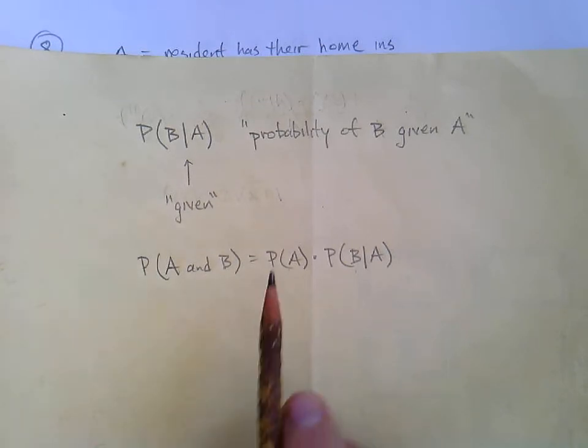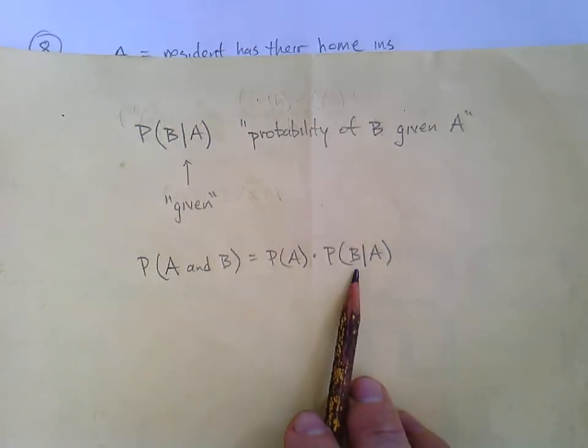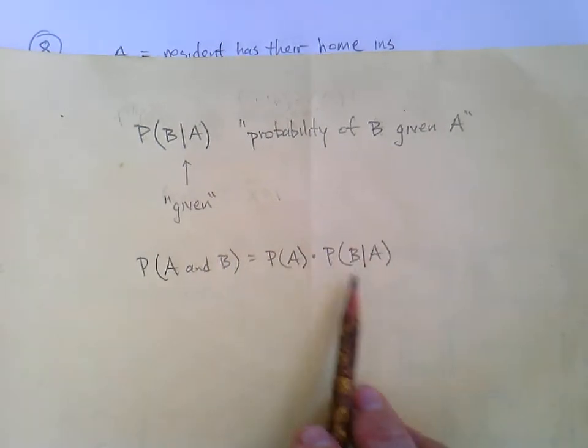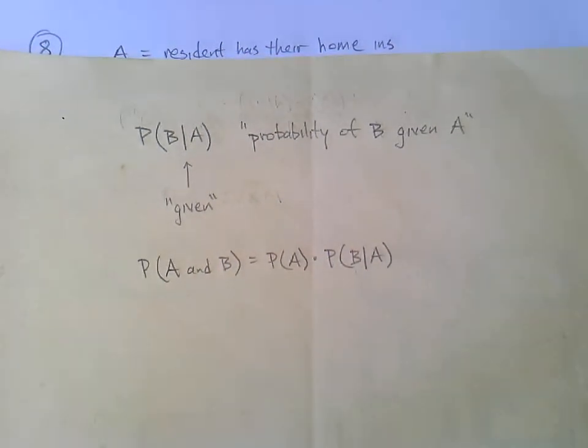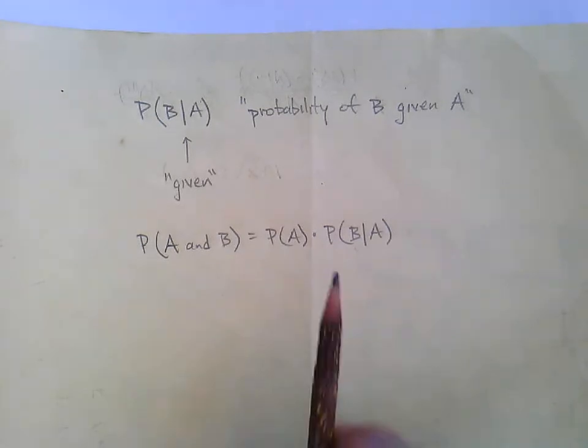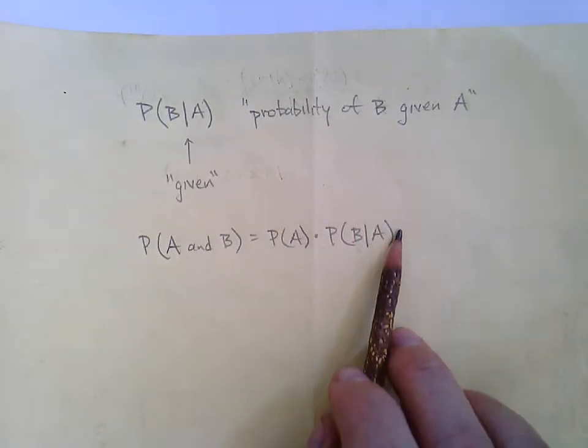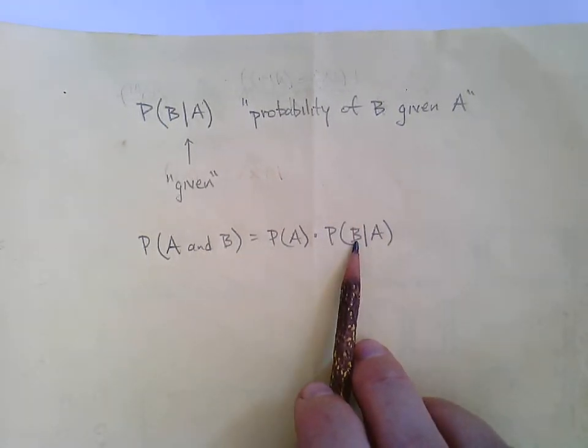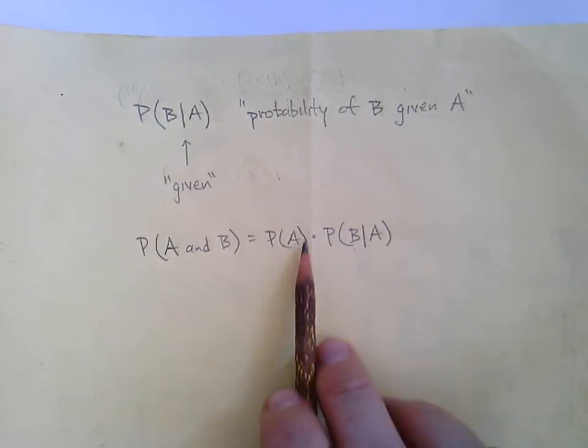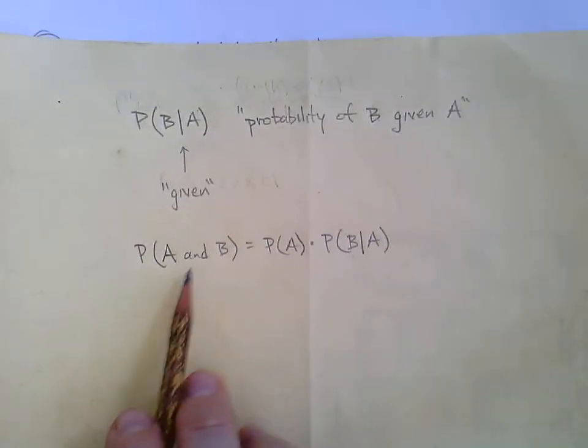But the fact that A has already happened now changes the likelihood of B occurring. So we have to think of that second one as, okay, A has already occurred, so what are the chances that now B occurs? Because that's already happened. And then that's the chances of them both happening.